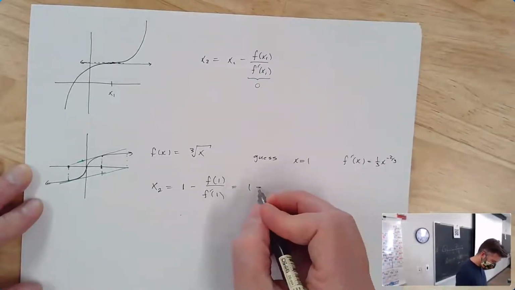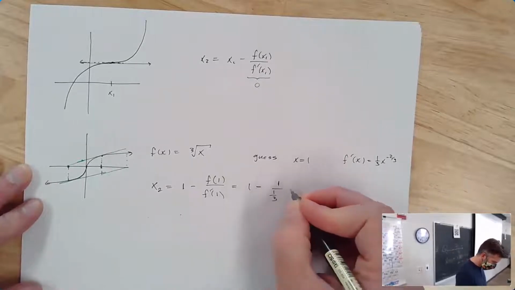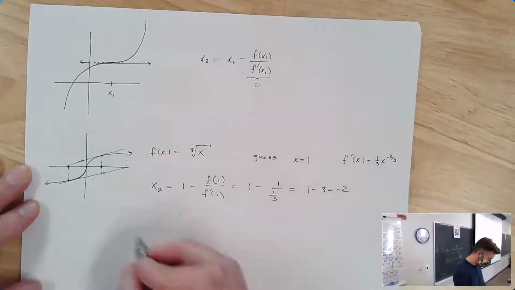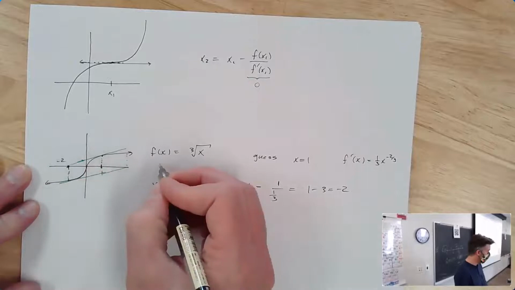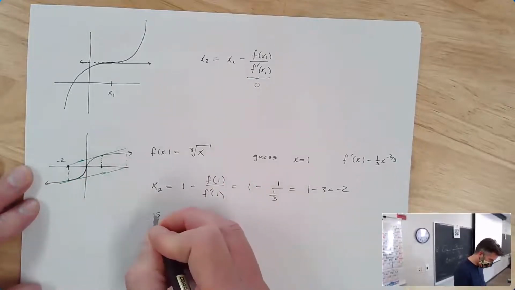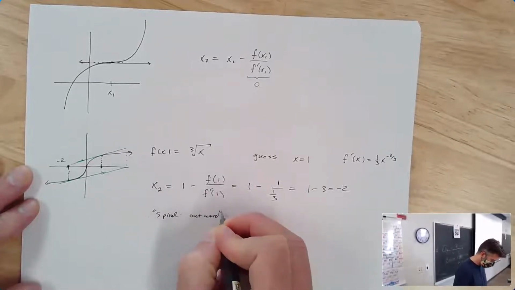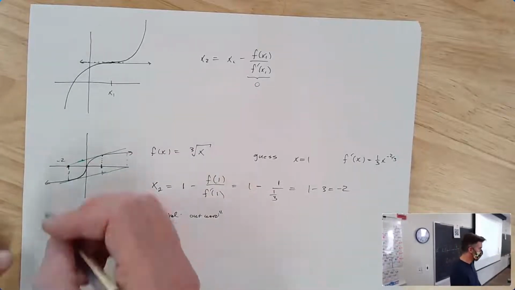So f of 1 is going to be 1, and f prime of 1 is going to be 1/3, and that's going to be a problem. We're going to end up way over here at negative 2. We're going to plug that in, and then we're going to end up even further out this way. So sometimes we can spiral outwards. Or you can end up in a loop, where you keep going around and around in the same values.